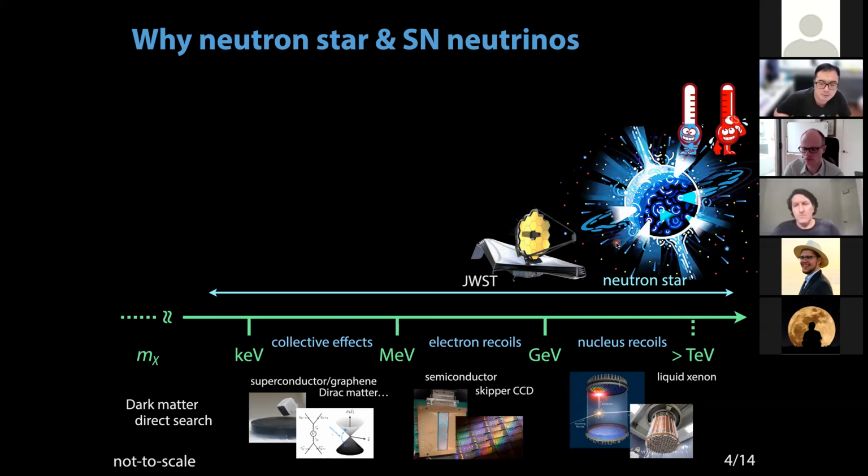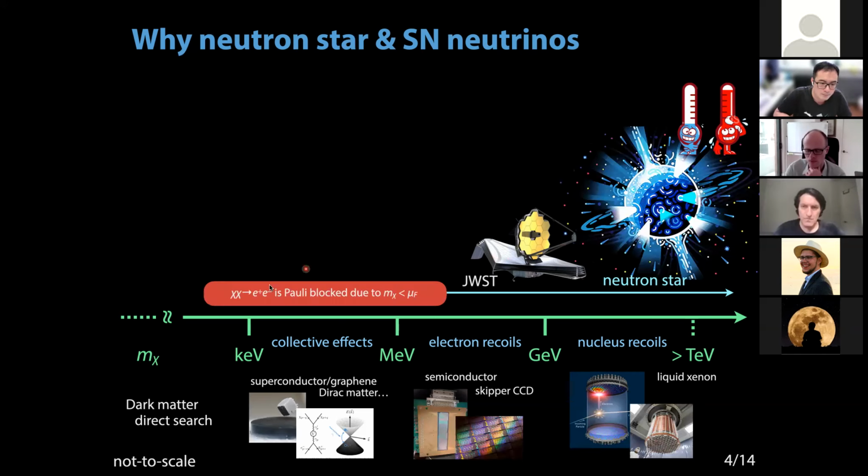However, there's a serious flaw for the neutron star. If the dark matter mass is smaller than the electron chemical potential of the neutron star, roughly speaking around 100 to 150 MeV, then the annihilation channel to leptons, particularly to electrons, will be Pauli blocked.